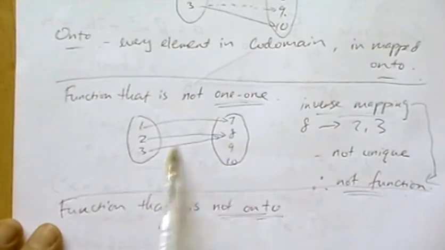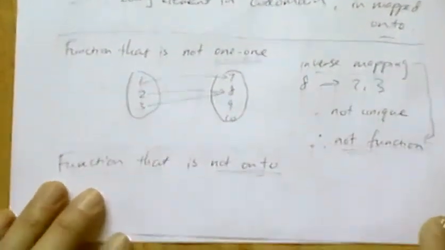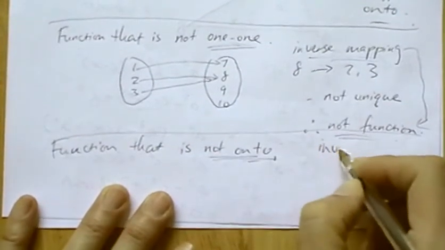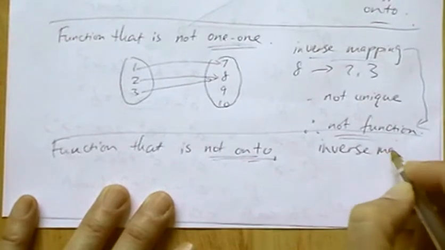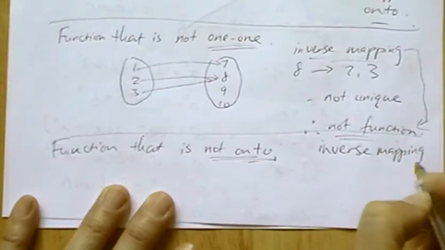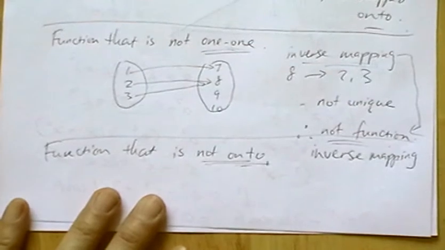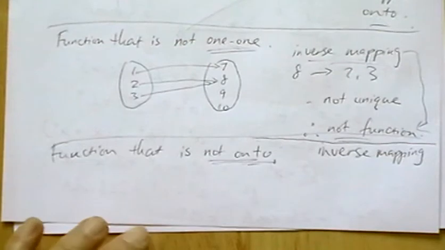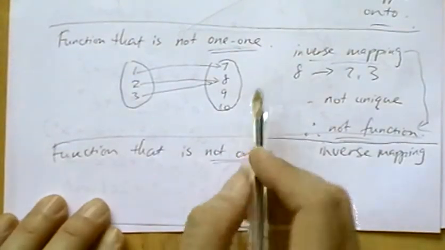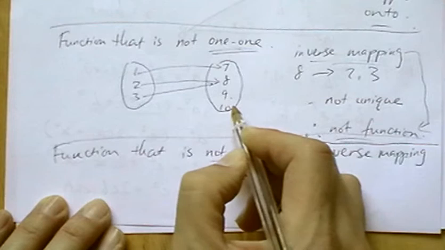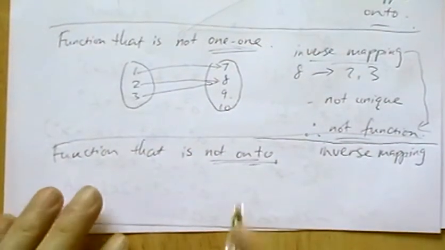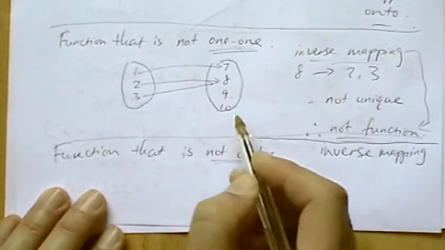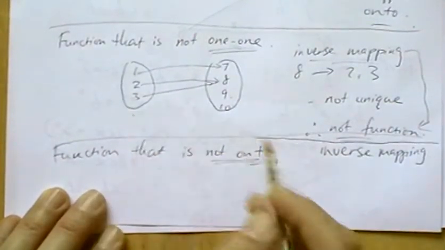If we now think of the inverse mapping again, for this case, think about the inverse mapping for those two elements. Okay, as I said, in the inverse mapping, we turn it around and use that as the domain and map back into that as the codomain.